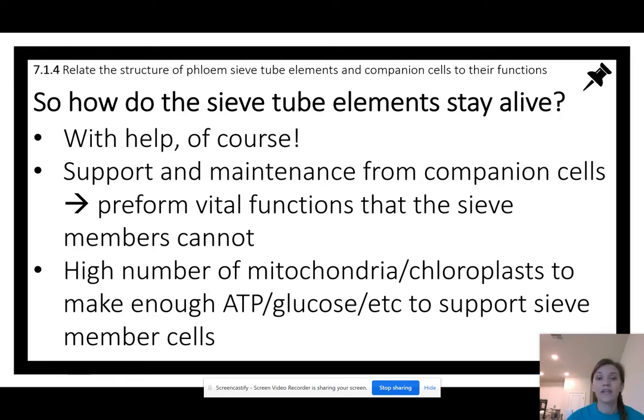So companion cells are making the ATP, making the proteins, making everything that the sieve elements need to stay alive, and just kind of giving it to them. So it is almost like these cells are on life support, and life support are the companion cells. So they have tons of mitochondria, tons of chloroplasts, tons of ribosomes, tons of everything to make all the products that the sieve elements need to stay alive. So the sieve elements can be mostly empty to allow that sap to travel as easily as possible.